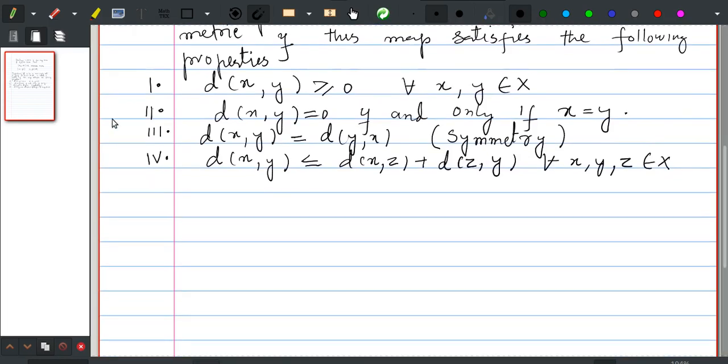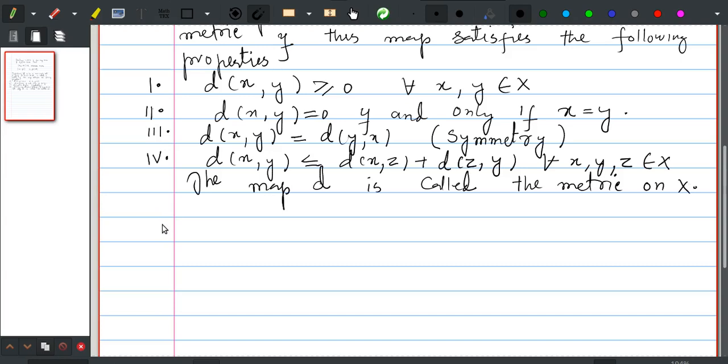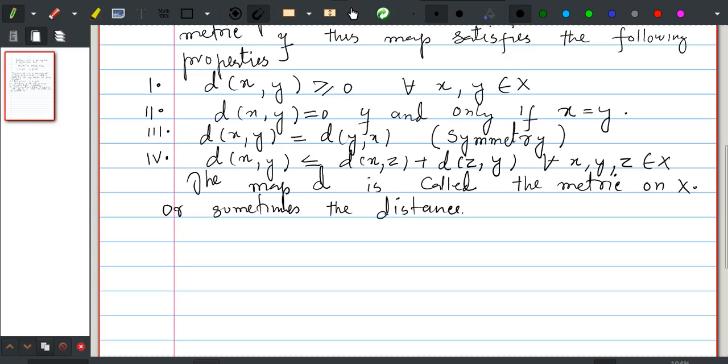The map d is called the metric on X, or sometimes the distance function on X. So why is this called a distance function?